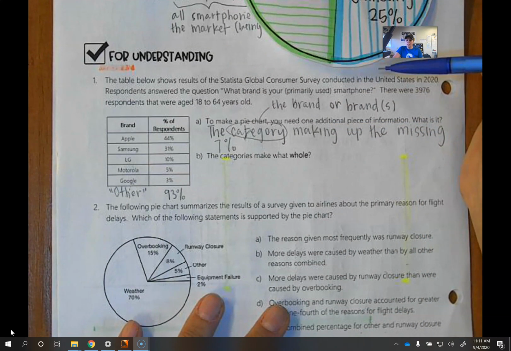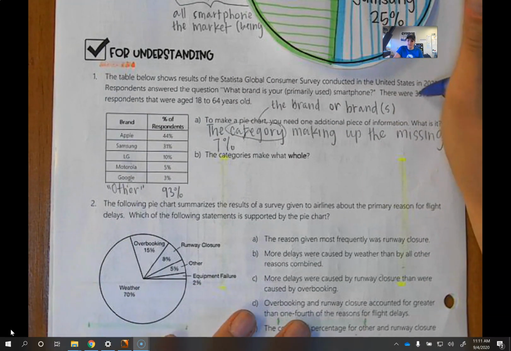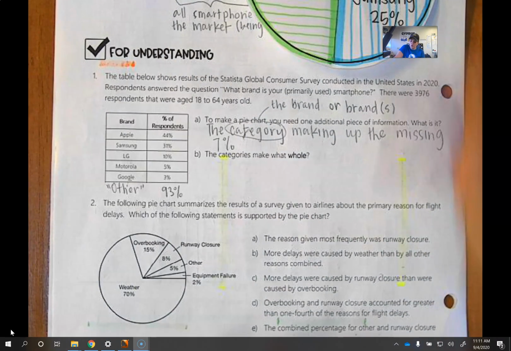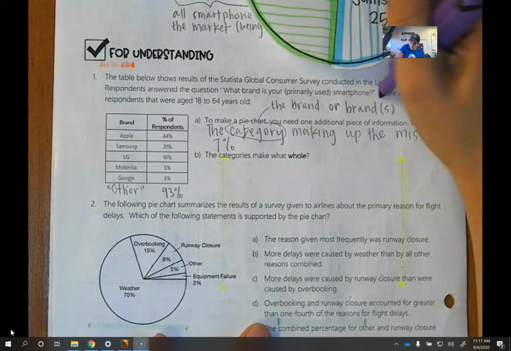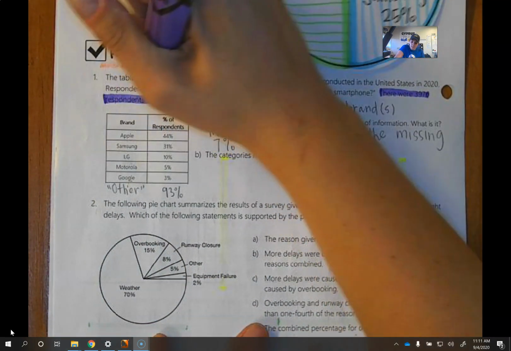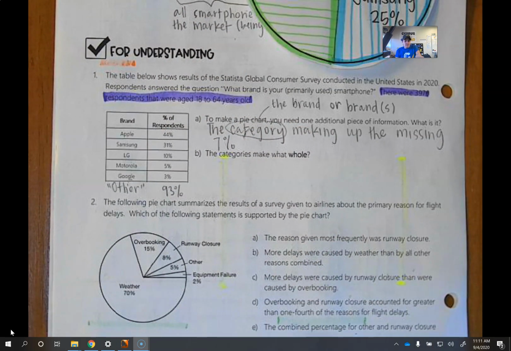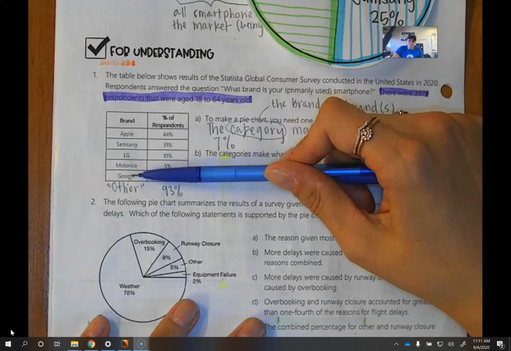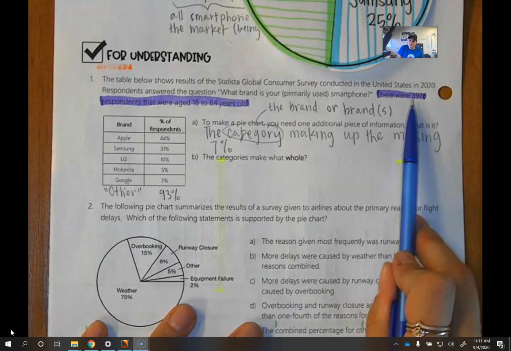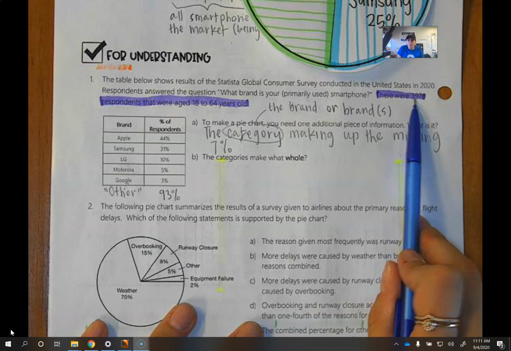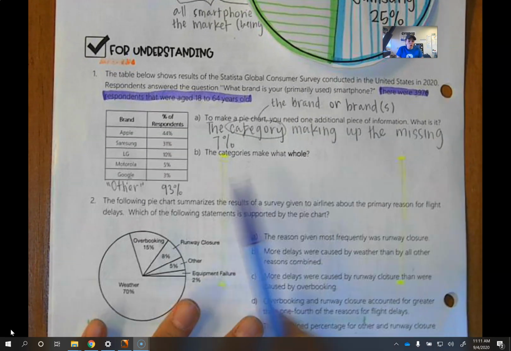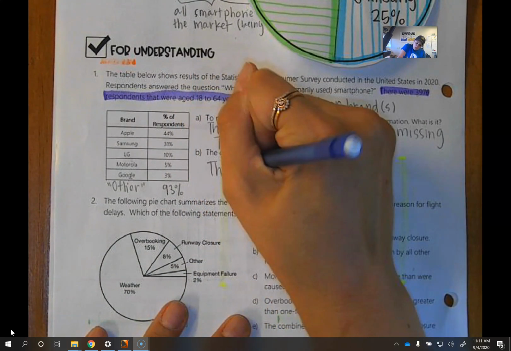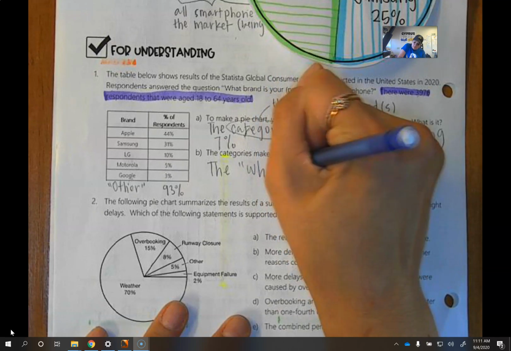The people using these phones are the 3,976 respondents to the survey. So what we're seeing in this table is the categories of phones that these 3,976 people used. So your whole in this case, so I'm going to say the whole, I'm going to write that in quotation marks.